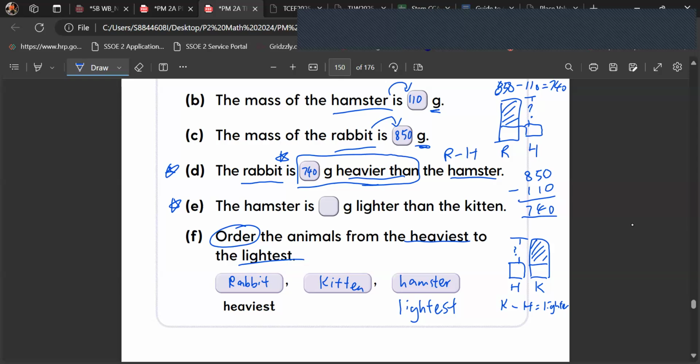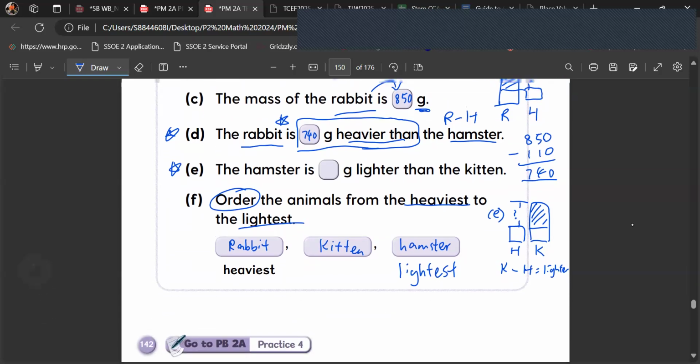So this is E, and this is D. So I have to take the kitten.